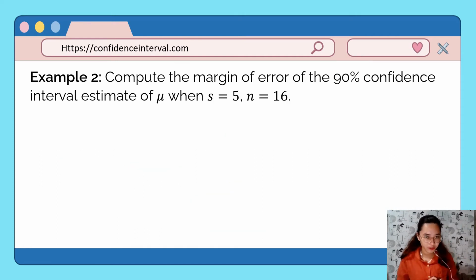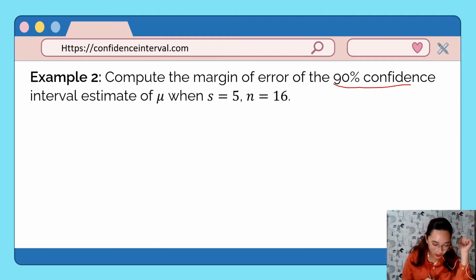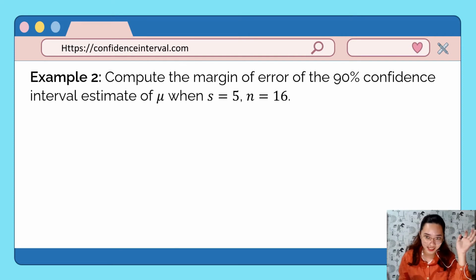Next, example number 2 naman. Ganun din, compute the margin of error of the 90% confidence interval estimate of the population mean when the sample standard deviation is 5 and the sample size is 16.